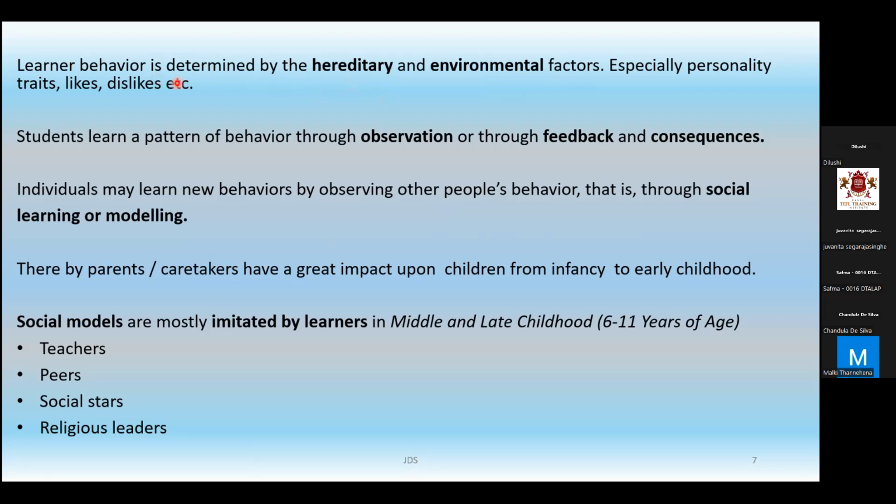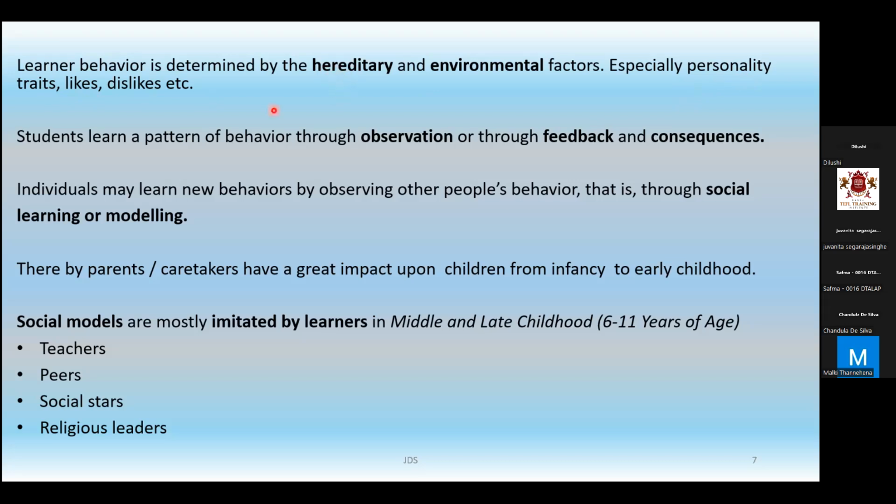So learner behavior has both influences, environment as well as heredity. Both have equal impact on determining the learner's behavior, especially personality traits, likes, dislikes. These are known to be hereditary.